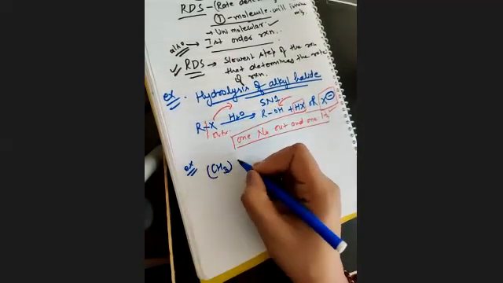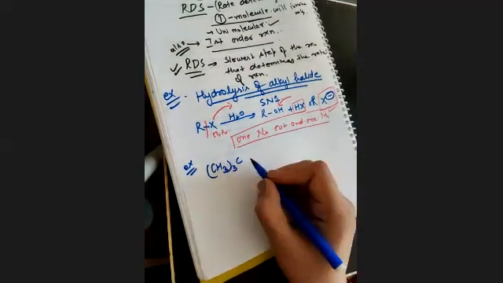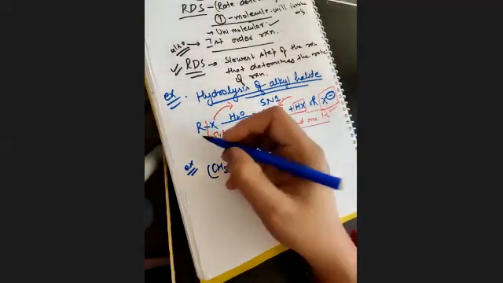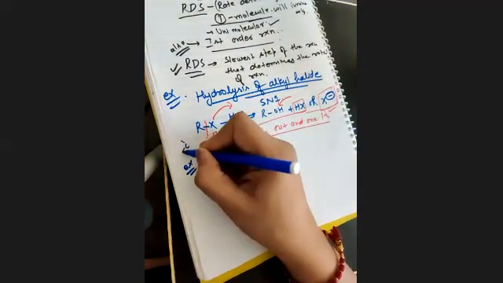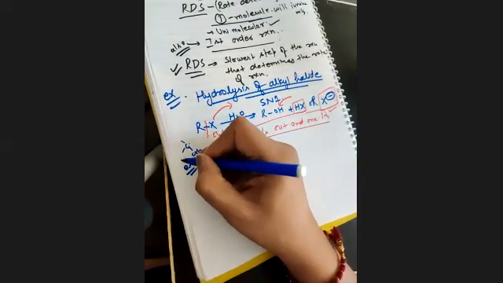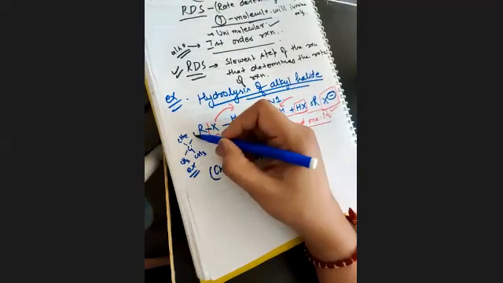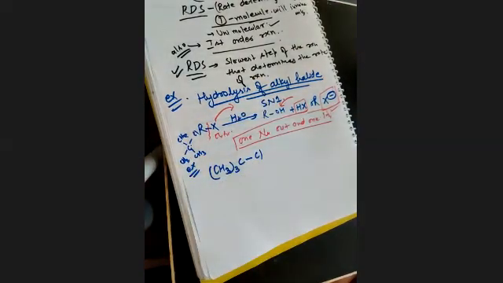(CH3)3C-Cl. Did you understand this? I'm drawing it like this: CH3, CH3, CH3, and this is Cl. So this is the compact structure.